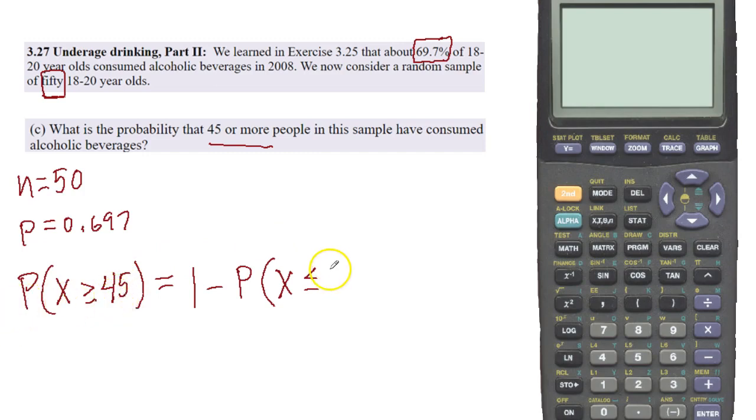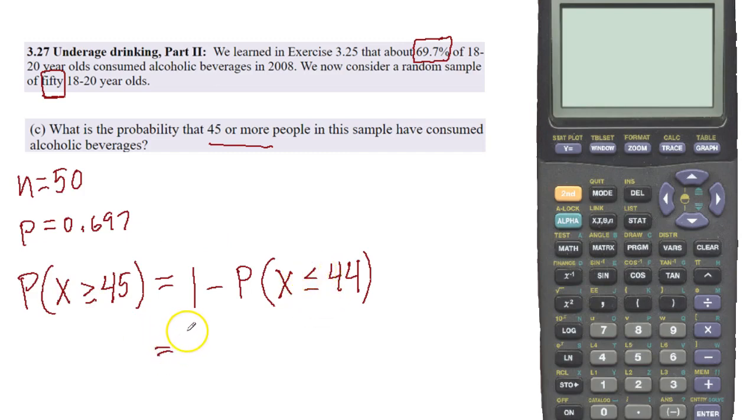That would be the opposite. So we want less than or equal to 44. A very common mistake is just to think, oh, well, we want less than or equal to 45. But that double counts in both of these scenarios. And we want the opposite. We don't want any intersection. So we want probability less than or equal to for CDF.